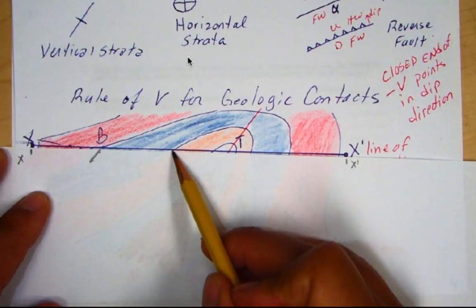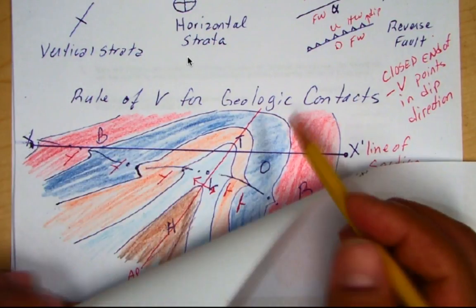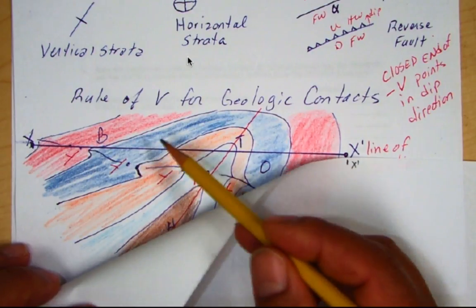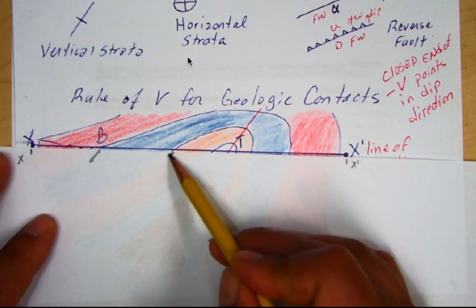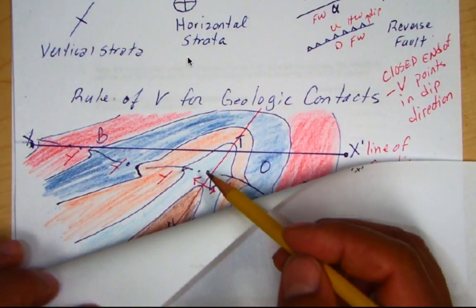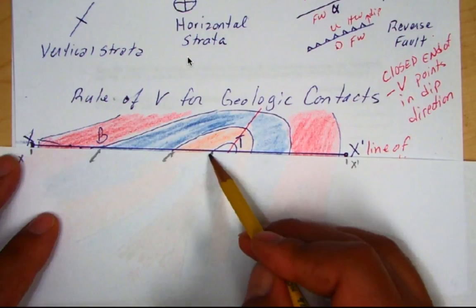And then this contact here between formation O and formation T is also, according to the rule of V's, dipping off toward the west. Then I have a contact here between L and T that is also dipping off toward the west.